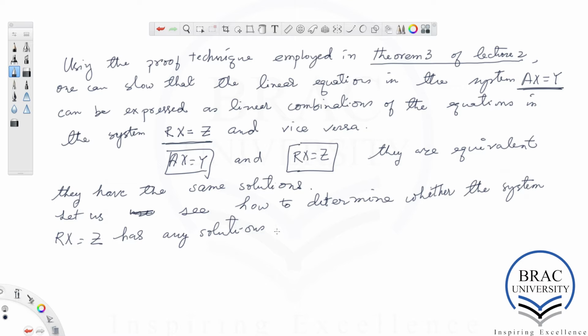And if it has any solution at all, we should know how to determine all the solutions, if any exist.